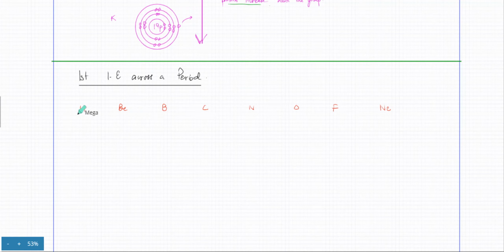The first one has three protons and three electrons. So let me draw a few of them. Three protons and you have three electrons. We can draw carbon as well, which is six protons and a total of six electrons.